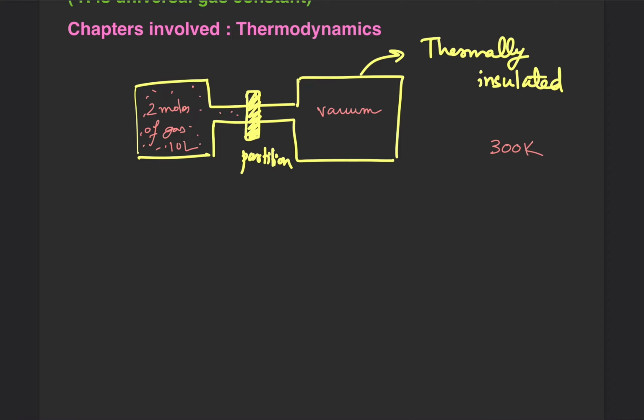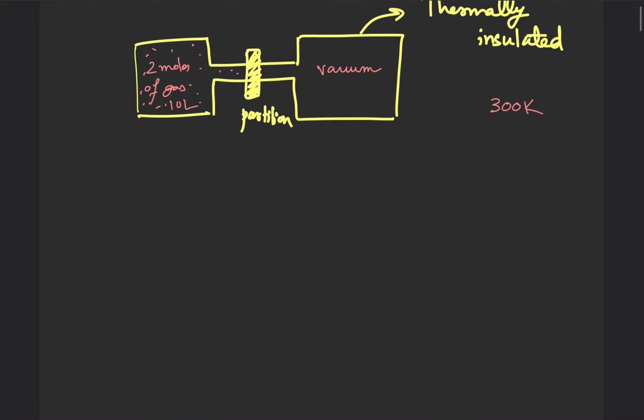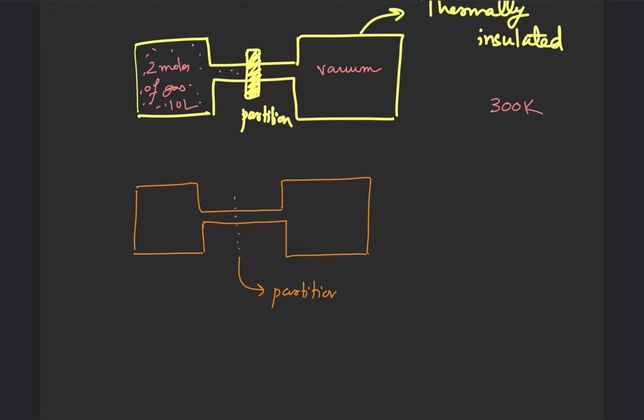Okay, and then what we do is we open the partition, and because of that the gas spreads out, and now we have 2 moles of gas obviously, but the final volume is 100 liters.